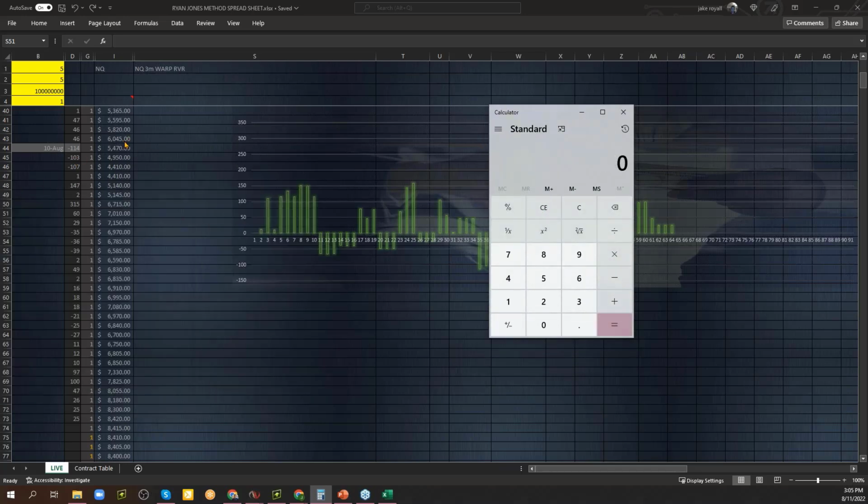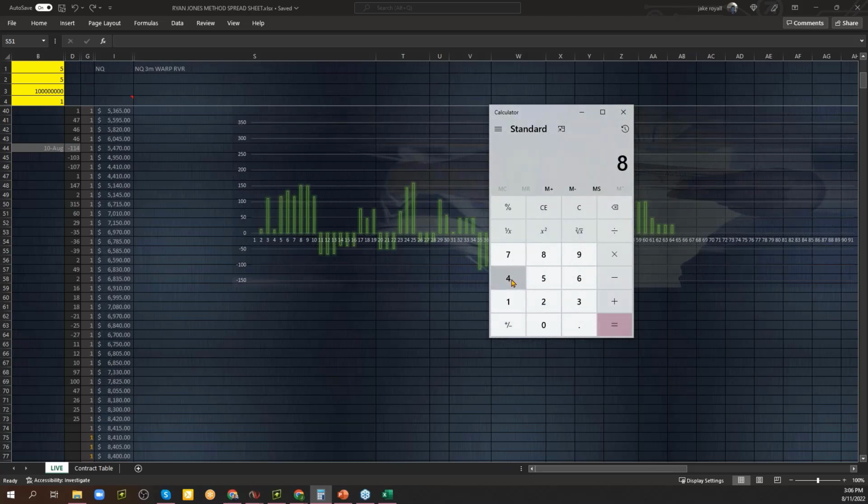So we started with 60.45, and then what do we do? 84.20 minus 60.45. Might be a little bit backwards in math, but this day was at 2,375, right?